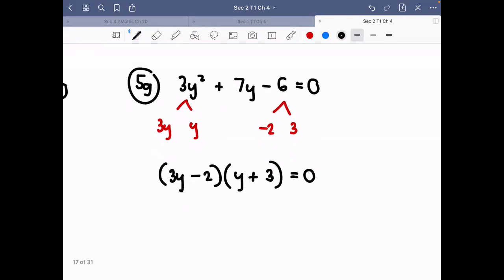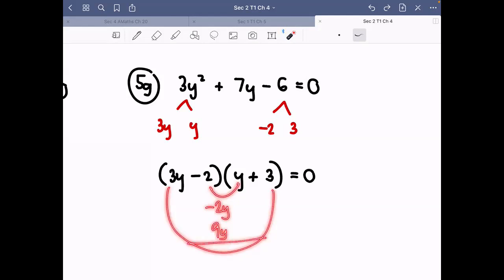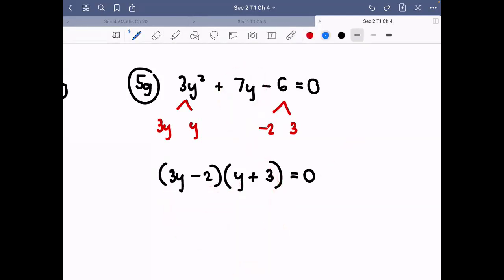Again, let's check. Okay, the sum of the inner and outer should be 7y. So let's try this first. So this is negative 2y, and this one is 9y. So when you subtract that, you get 7y, which is the same with this. Okay, so this is the correct pair. So therefore, you have your factors now.